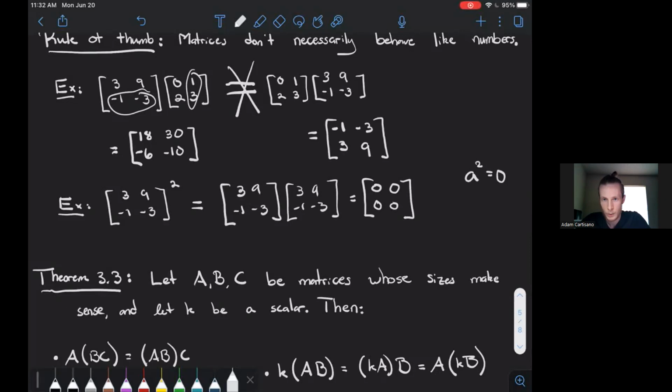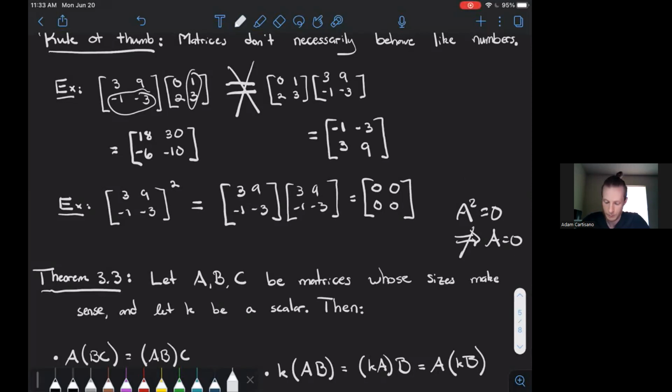However, I just squared a matrix that was definitely not 0, and I got the 0 matrix. So for matrices, A squared equals 0 does not imply that A equals 0. Right?